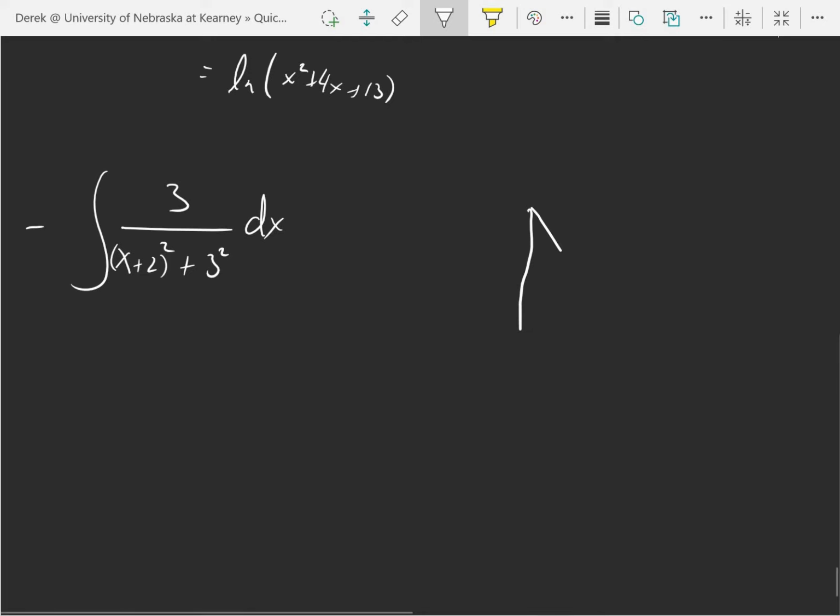So we're going to draw a right triangle and be able to use the Pythagorean theorem with that sum of squares. This works with differences of squares too. But I don't see a substitution I could do to make this simpler algebraically, so we're going to draw a triangle and see if we can do a trigonometric substitution, which means that the variable is going to be an angle, theta.